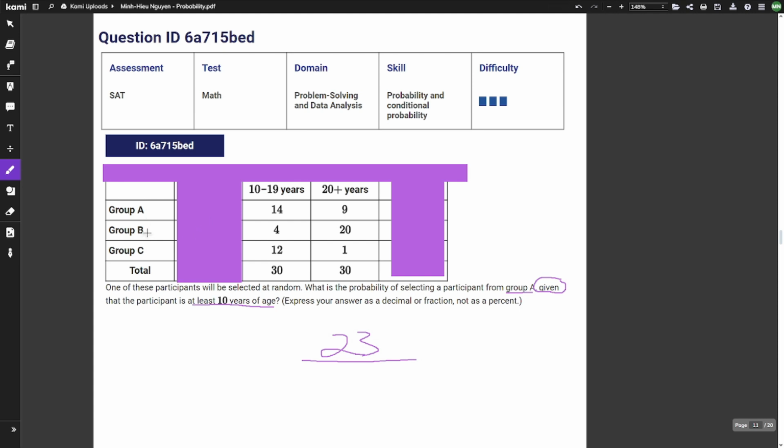They don't care if they're in group B, group C, or group A, which means all we're gonna be doing is adding the total. So 30 plus 30, that's gonna be 60. Our answer is 23 over 60. Now, whenever you have these questions that include the given, you always want to do the given first, when you eliminate stuff, eliminate the given stuff first.